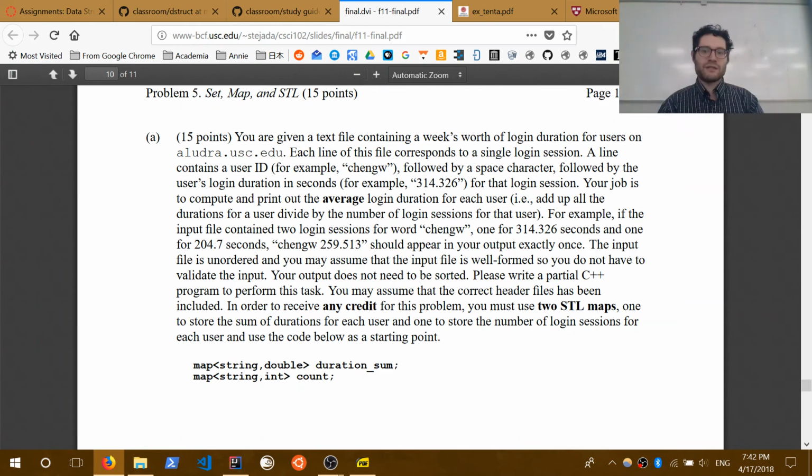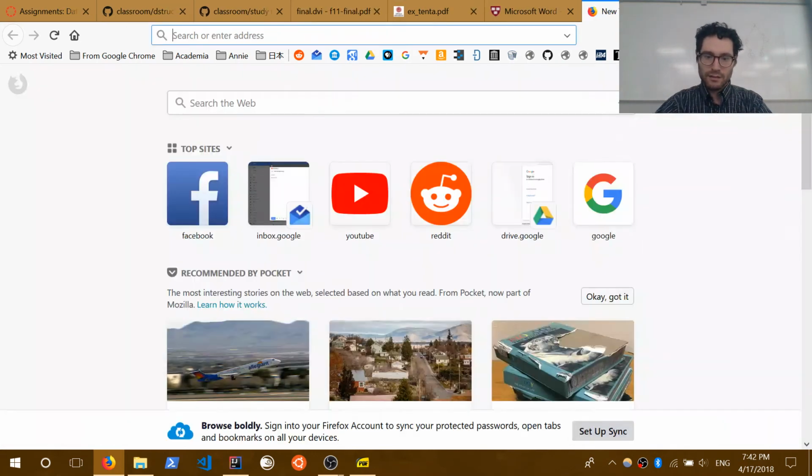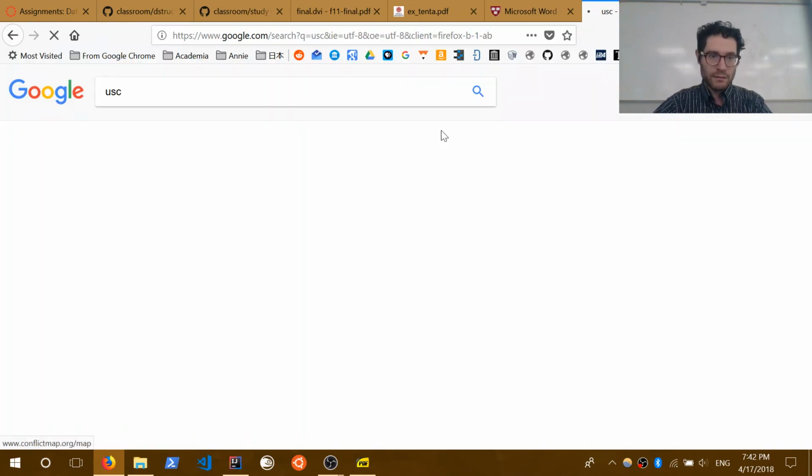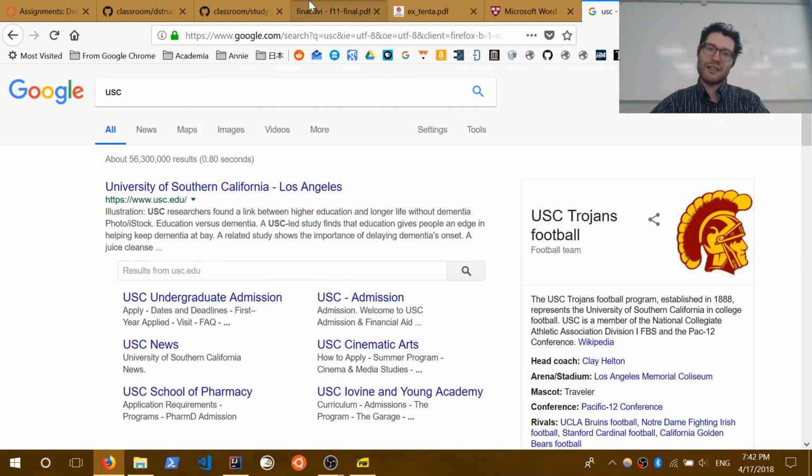So you're given a text file that contains a week's worth of login durations for users on aludra.usc.edu. That's probably their servers at University of Southern California.